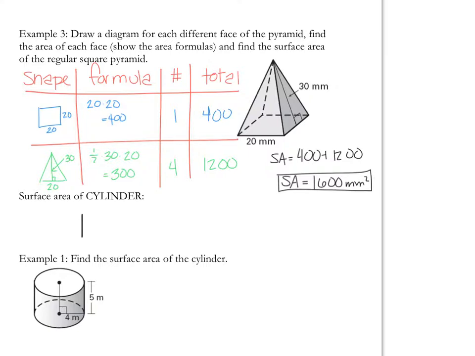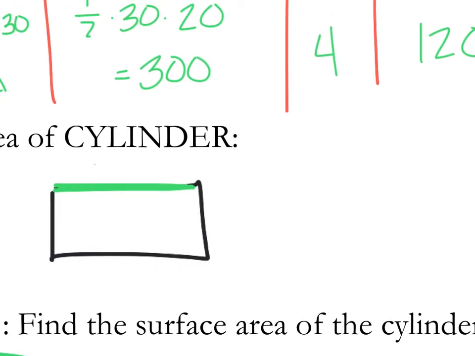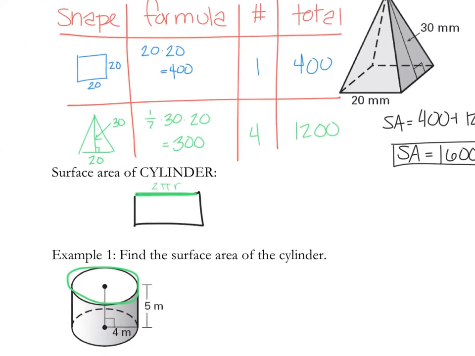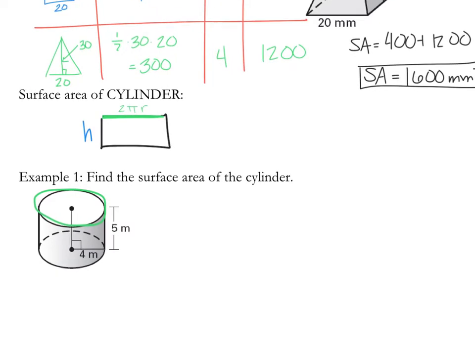All the way around is 2 pi r, that's going to be your circumference. And then your height is your h. So it's just going to be 2 pi r times h, and then we have two circles. So cylinders also have two shapes.